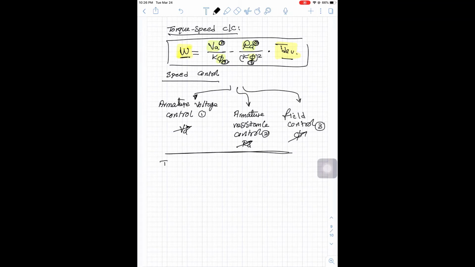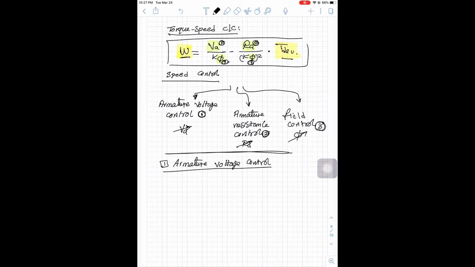So let's start with armature voltage control. Keep in mind that we are assuming we are at rated conditions, and let's see what flexibility we have. In all three cases, case 1, case 2, and case 3, we will assume that we are at the rated conditions. This is the first assumption.